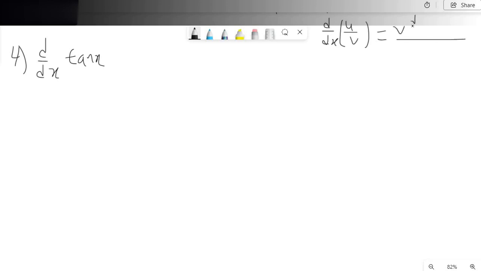Now number 4, we have to find out the differentiation of tan x using the quotient rule. Now if you remember the quotient rule from my third video, we had v multiplied with the derivative of u subtracted with u multiplied with the derivative of v and whole divided by v squared.